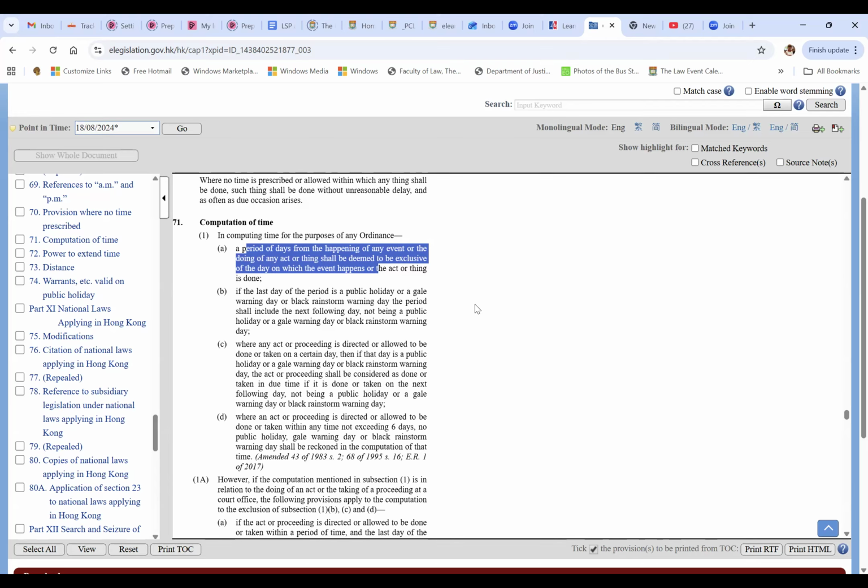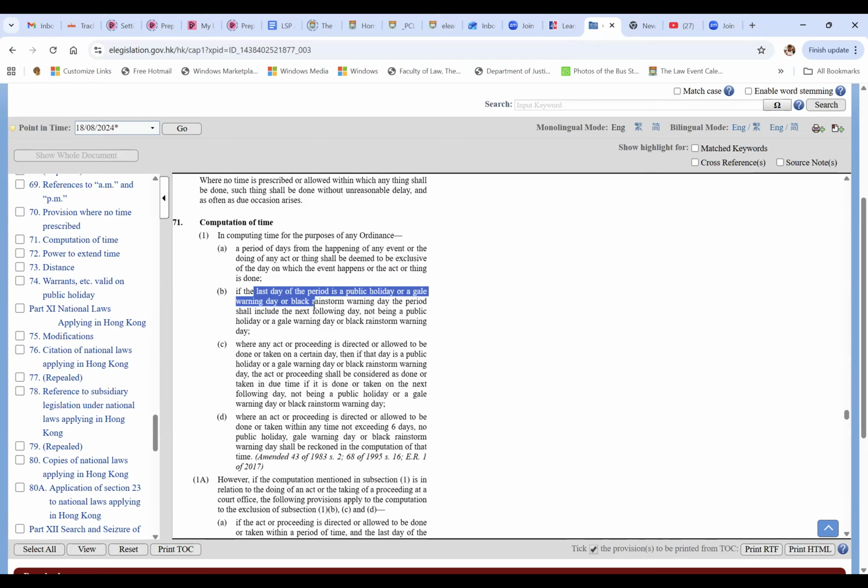Okay, so if he's convicted on November the 1st, sentenced on November the 10th, so November the 10th is the date from which we start, we don't include November the 10th as day one. We start counting on November 11th, which is day one, and then we count until the end of our 28 days. Okay, next complication.